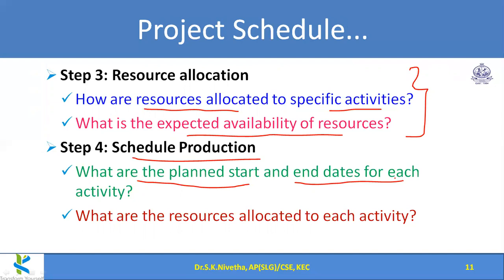Then finally we have to derive the start date and the end date for each activity, at minute level. If this is fixed, then the person working on it can adjust their speed of work accordingly. In this way we can produce the schedule and the resources allocated for each activity.